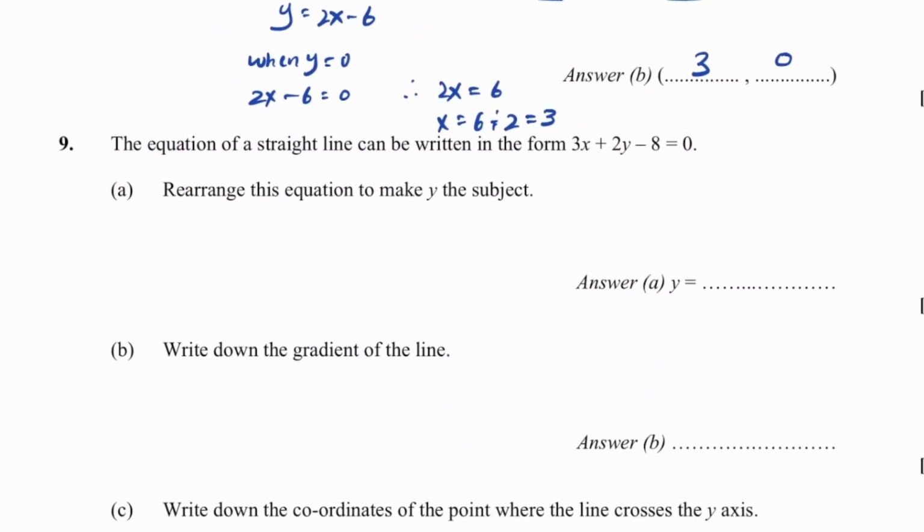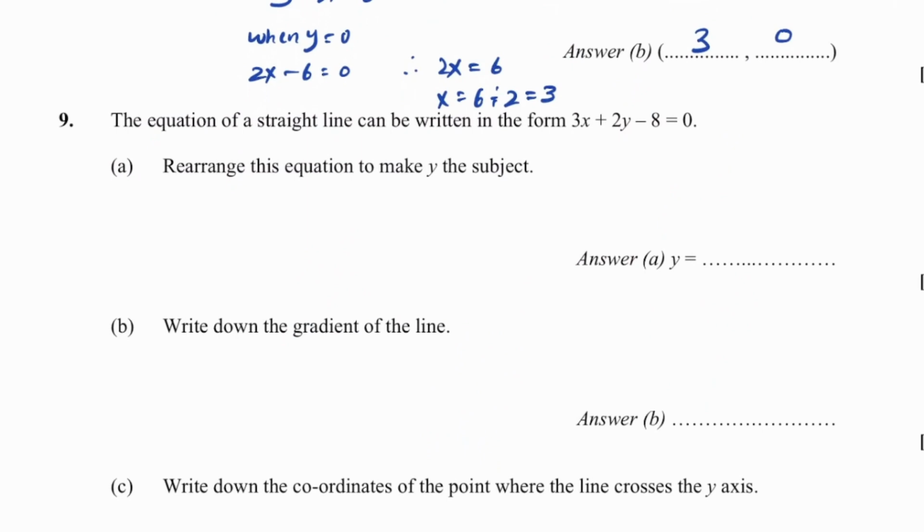The equation of the straight line can be written in the form 3x plus 2y minus 8 equal to 0. Rearrange this equation to make y the subject. So you know that 3x plus 2y minus 8 is equal to 0. Just make sure that the y stays on the left hand side. So 2y will be equal to negative 3x plus 8.